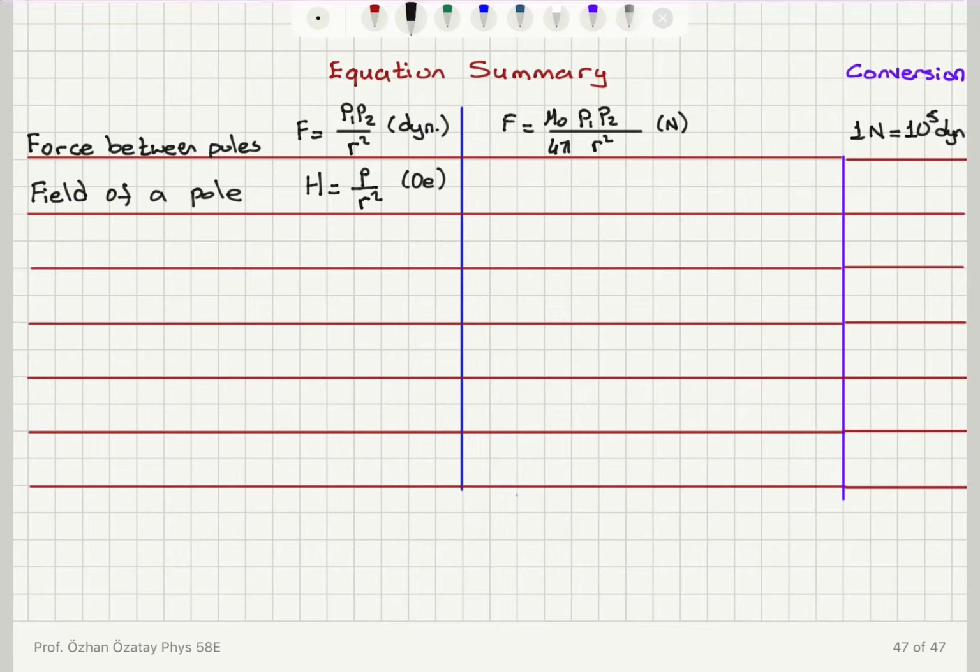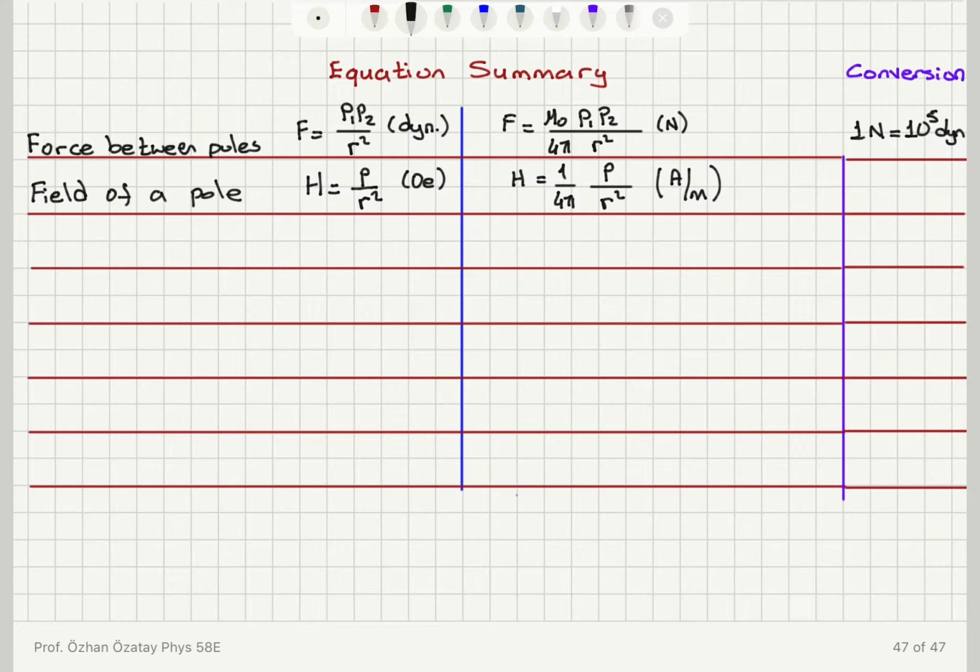Now the same magnetic field created by a pole is 1 over 4 pi times the pole strength P divided by R squared. It's given in ampere per meter. The pole strength was in ampere meter, so divided by meter squared we get ampere per meter.